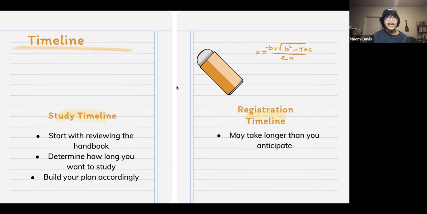One thing that really shaped my study plan, how I broke out my timeline, how I structured each week and each day, and the amount of time I was studying, was that I broke down my study time by domains. I said, okay, in this week I'm going to be reviewing this, in this week I'm going to be reviewing this, in this week I'm going to be reviewing this. I gave myself 4 weeks to study.